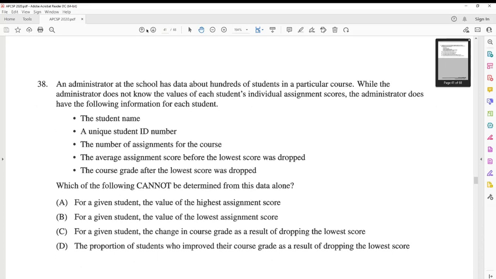So here, I think we don't know about the highest assignment score. The lowest assignment score we may know because we need to drop it. So for a given student, the change of grade as a result of dropping the lowest score, we should know because we know the before and after. The proportion of students improved by dropping that, we also know. So A, we have no way to know its highest score.